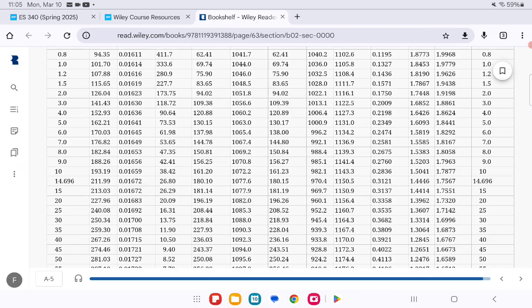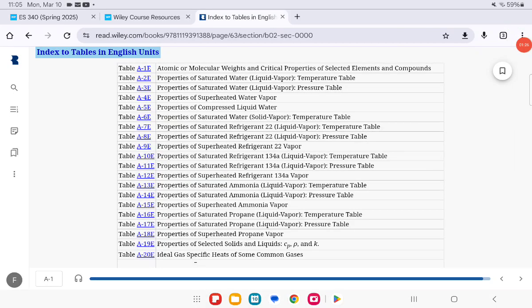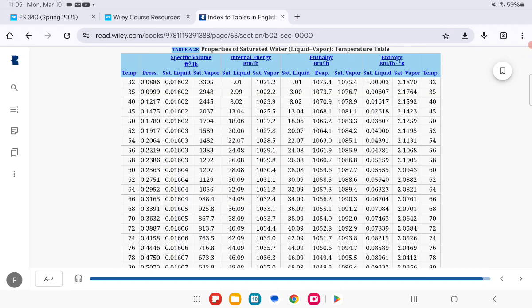Let me see if I can pull up the tables here. Hopefully everything is working okay. Yep, here we go. Okay, here we are at the tables. Why not start with the saturated temperature table, because we're looking for temperature, easiest to start there.